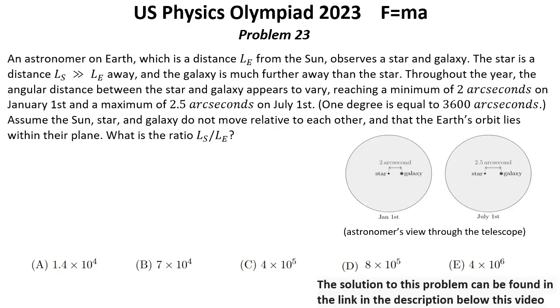Throughout the year, the angular distance between the star and the galaxy appears to vary, reaching a minimum of 2 astroseconds on January 1st and a maximum of 2.5 astroseconds on July 1st. 1 degree is equal to 3,600 astroseconds. Assume the Sun, star and galaxy do not move relative to each other, and that the Earth's orbit lies within their plane. What is the ratio LS over LE?